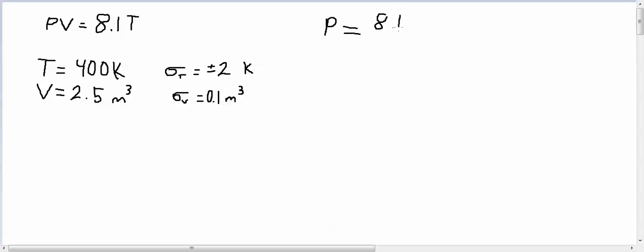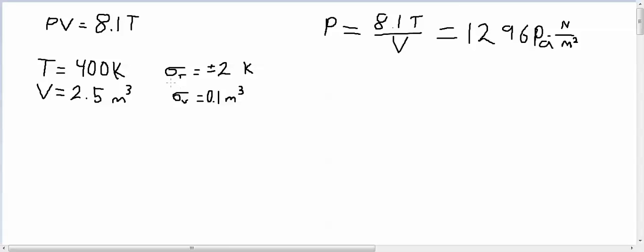P is equal to 8.1 times T, all divided by V. And if we plug in our values, plug in T and V, pressure will be equal to somewhere around 1,296 pascals, and that's in newtons per meter squared. And this is the expected value we are supposed to get.